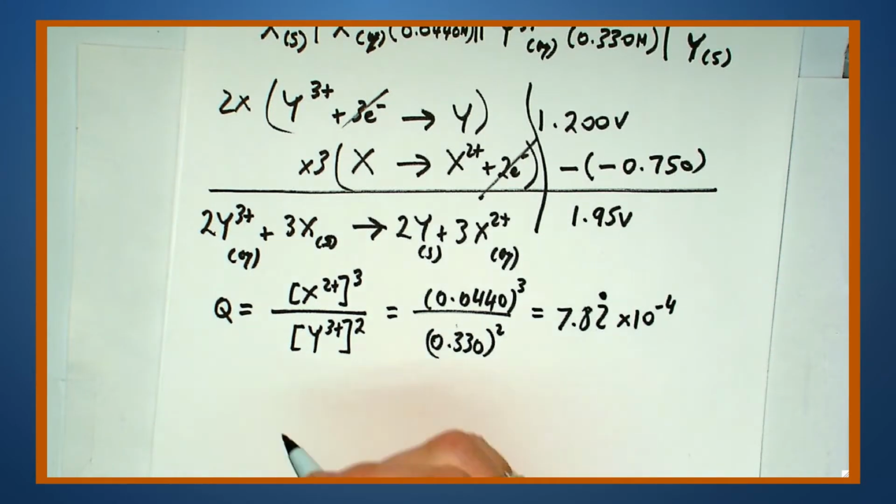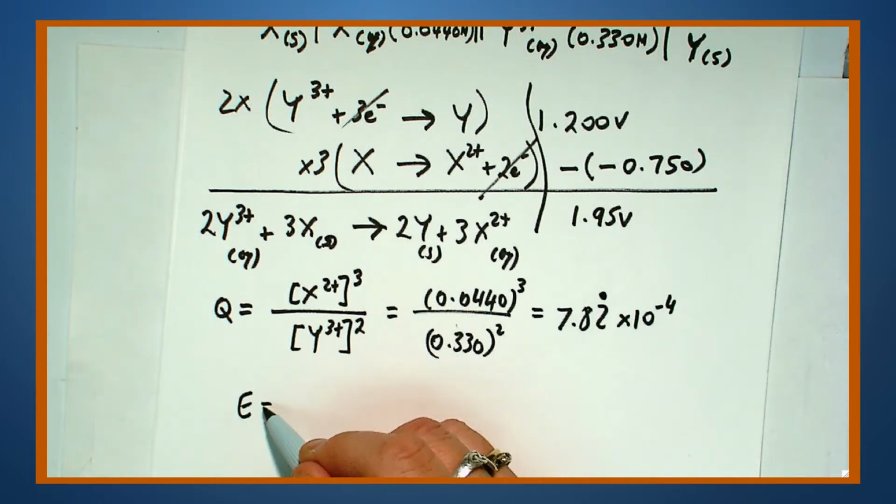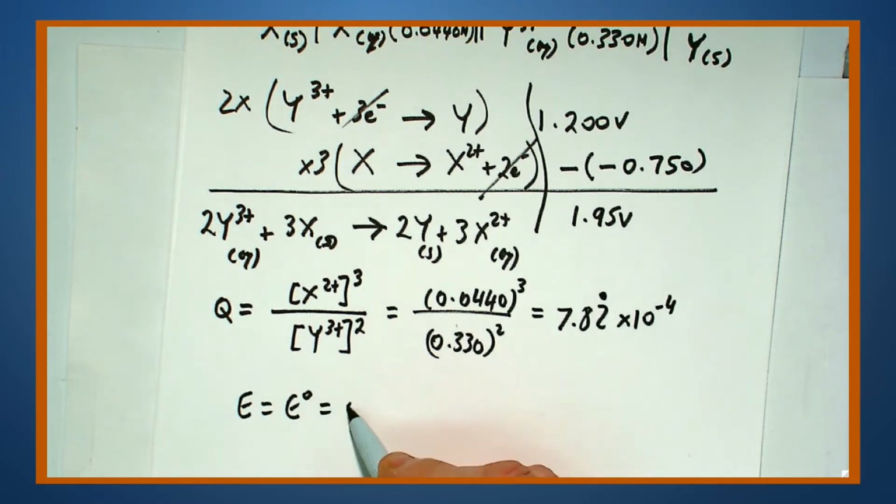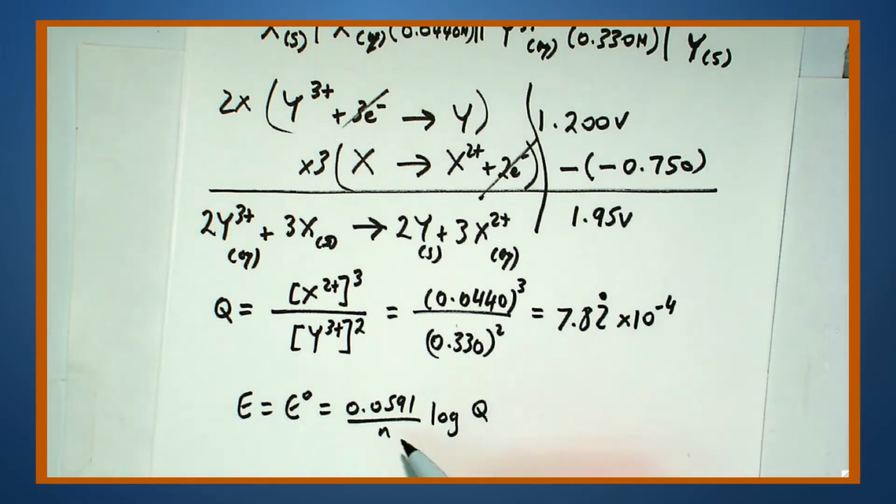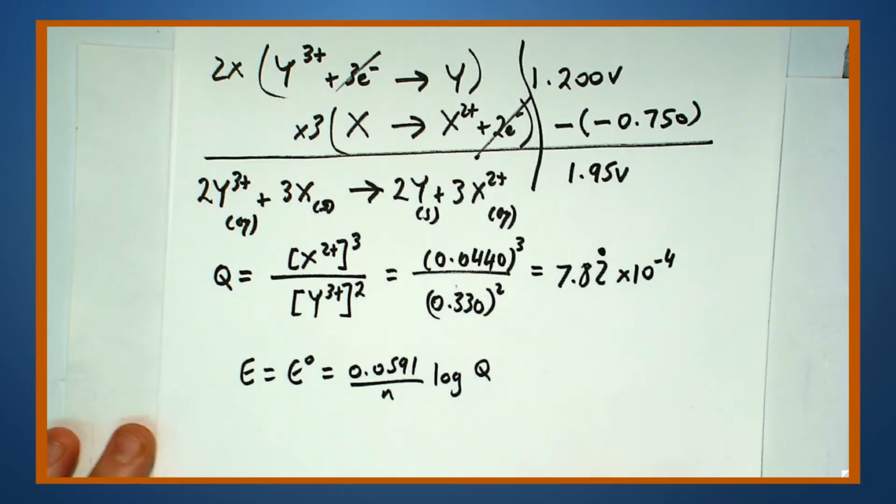All right, last thing now is to do E equals E0 minus 0.0591 over n log Q. I'm going to use this version because it doesn't say anything about it not being 25 degrees C. Since it doesn't say anything about it not being 25 degrees C, I'm going to assume it is 25 degrees C. So we have 1.95 volts here.